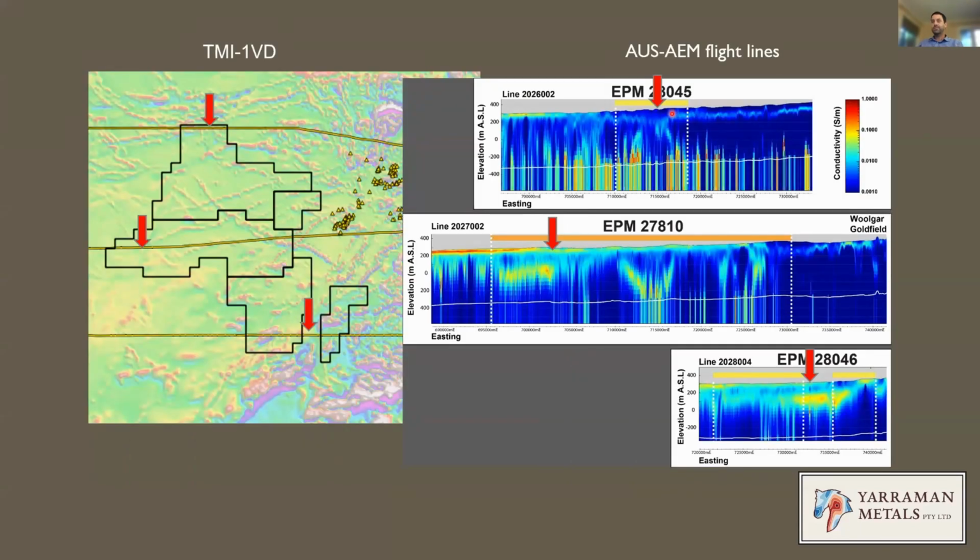And the AusAEM data, it's really interesting to circle back to that and see that this feature that comes through here and the Woolgar fault zone where it comes under cover here definitely have a response. Here it's a really discrete, deeper conductive anomaly, and here it's more subtle, but there are certainly some features you can pull out. This is one of the reasons we pegged the ground: we see some very interesting conductivity structure in this section.